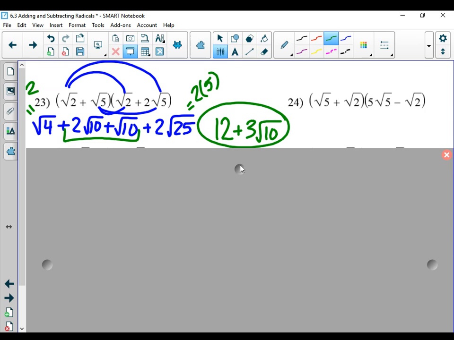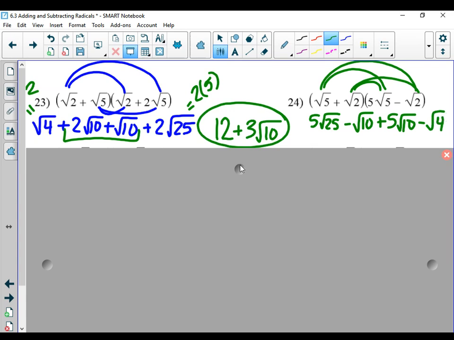Okay? So now we're combining everything we've learned pretty much with radicals all in one problem, okay? The next one, I get 5 square root of 25 minus the square root of 10 plus 5 square root of 10 minus the square root of 4.